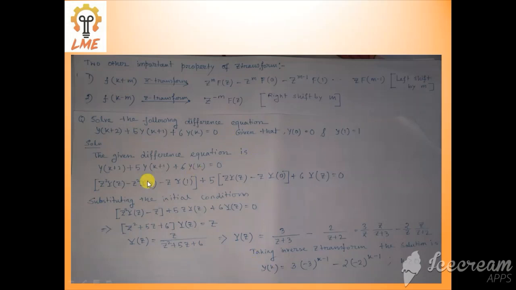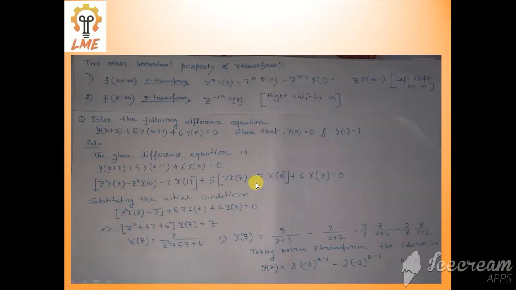Now see what you do, first perform the z transform. This is the difference equation. Now this is y(k+2), just put the value of 2 in place of m. If f(k+m) has the z transform of this, then y(k+2) surely has the z transform of z square Y(z) minus z square y(0) minus z y(1). Similarly y(k+1), the z transform will be in this way, z Y(z) minus z y(0).